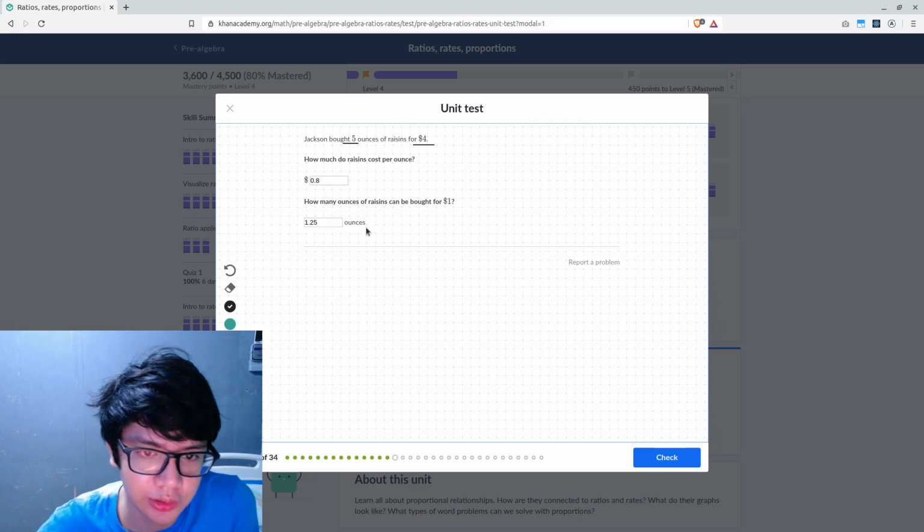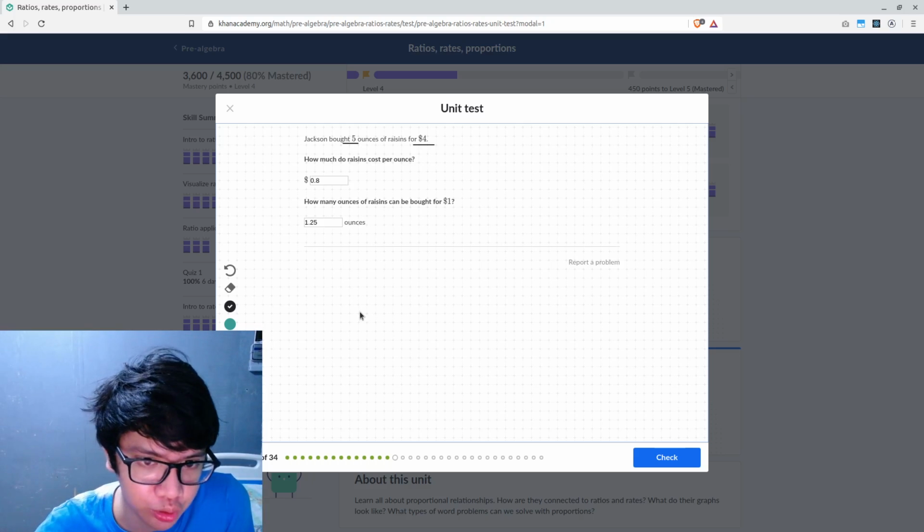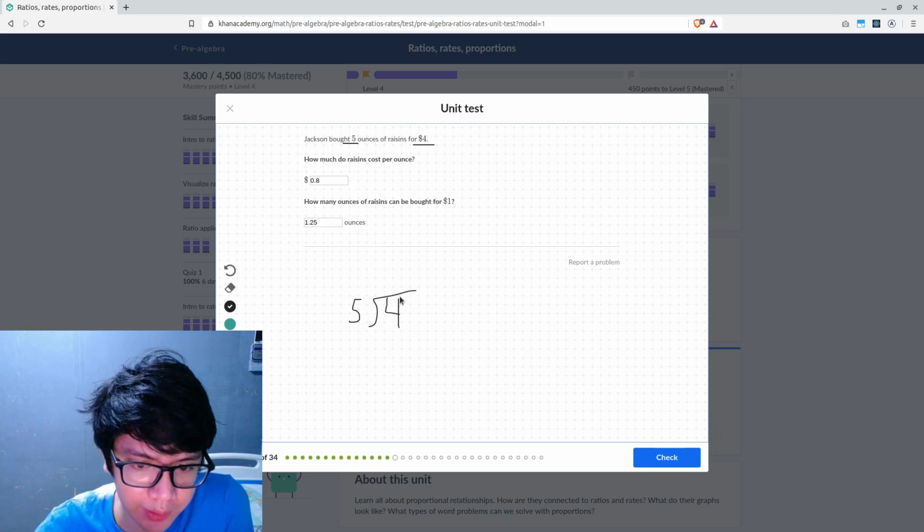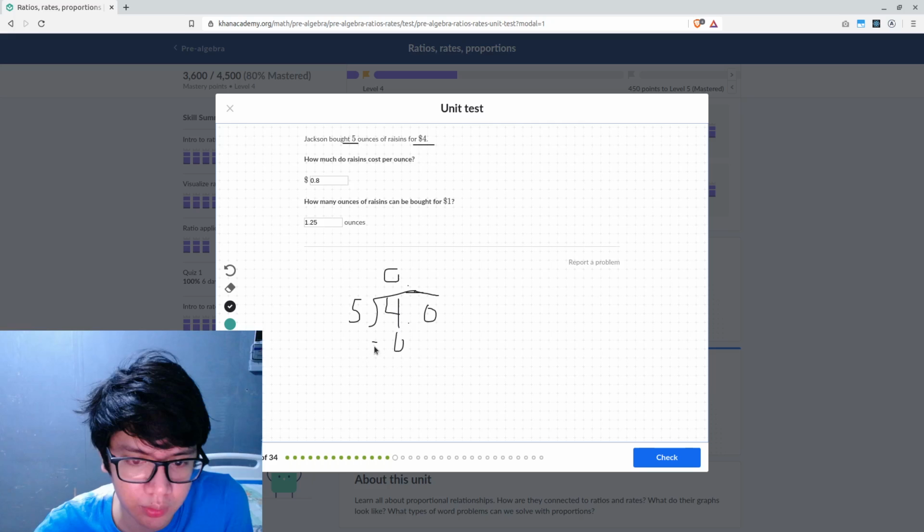How much do raisins cost per ounce? So 4 divided by 5, 1 ounce, right? So we got 40, yep, 40. So we need 8 of that. Okay.